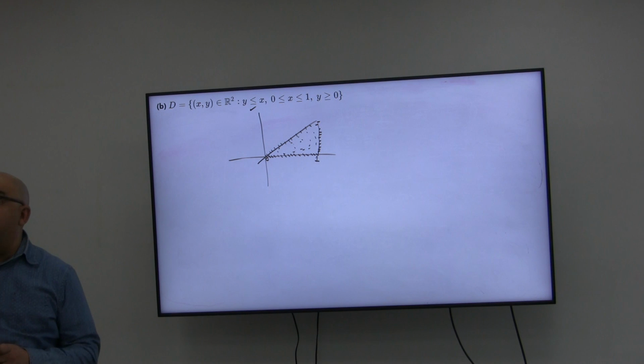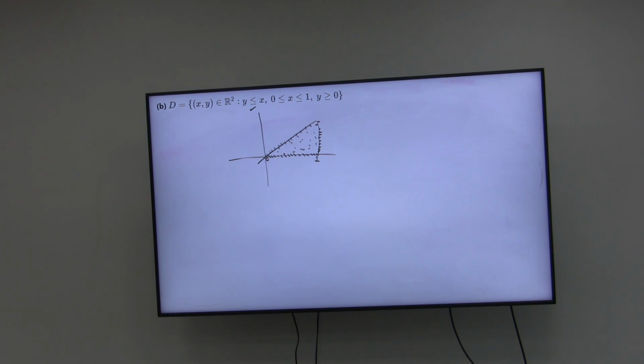So now you have a compact domain. Not all of R², no. You are talking about the region bounded by the blue line y equal to x, above the x-axis, and until x is equal to positive 1.